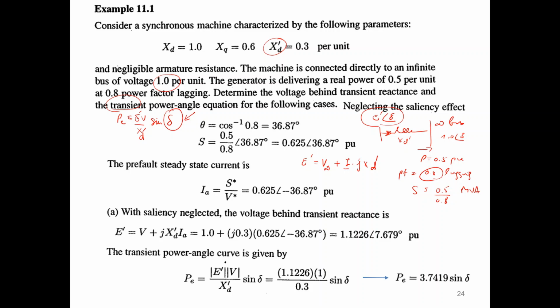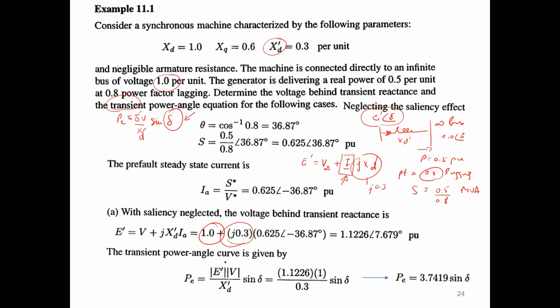The voltage at the infinite bus is given as a reference, 1 per unit, and jXd prime is known, this is j0.3. So the only thing left is the current; you have to determine the current.